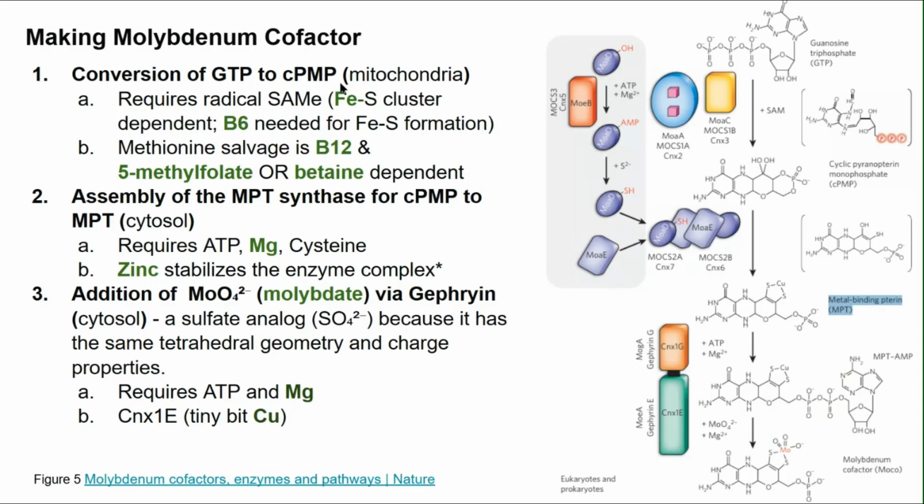And we talked about how to make radical SAM, you need iron-sulfur clusters, and to do that, you need B6. Well, hydroxyl radicals are screwing around with our B6. And then to even have SAM, your MAT enzyme can be inhibited by hydroxyl radicals. So even if you consume methionine or you salvage methionine from homocysteine using betaine or B12 or 5-methylfolate, you might not be able to work the MAT enzyme.